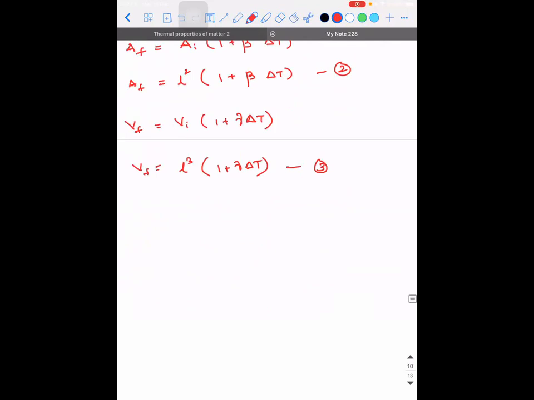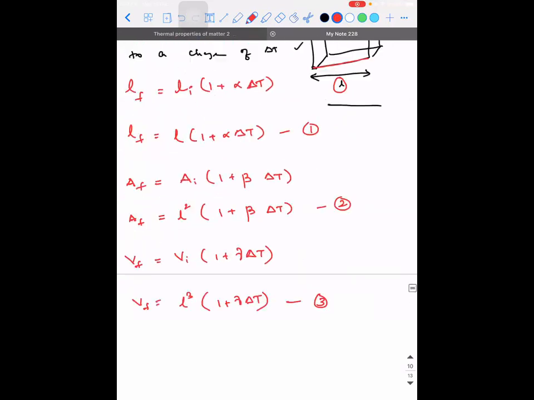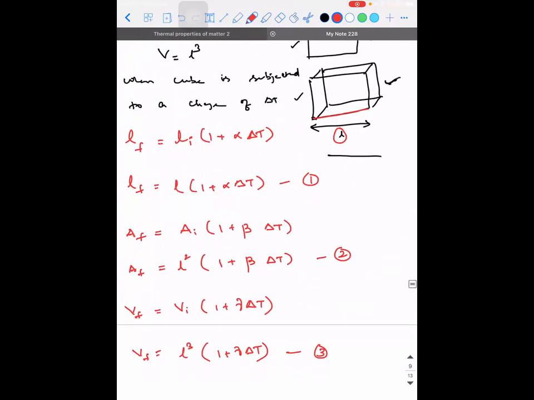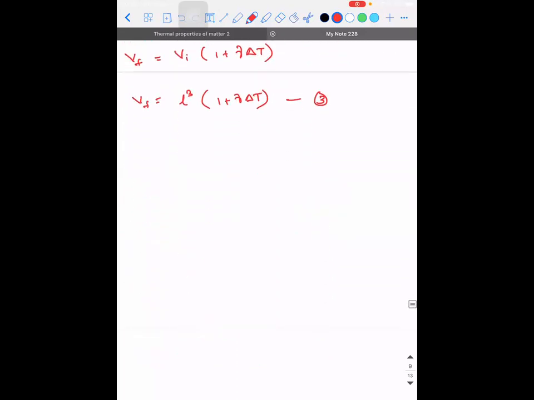Now listen. So V final is equal to L cube into 1 plus gamma into delta T. Now comes an important question. When the material is subjected to heat, the concept of V final itself is coming because the length of each side is changing. Right? So can I write something like this also?